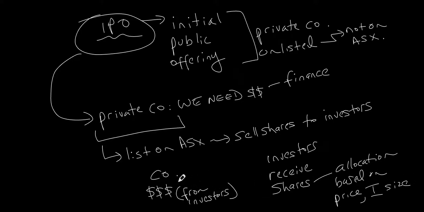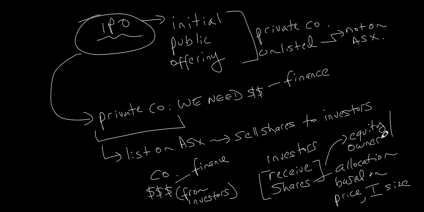So this here is the inflow of finance. And the investors, they will receive the shares. They will receive the equity, which will then make them owners. Part owners, really, because they are only owning a relatively small amount or large amount, depending on their allocation.